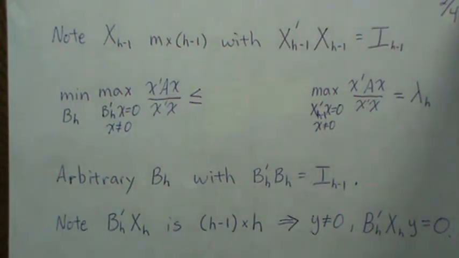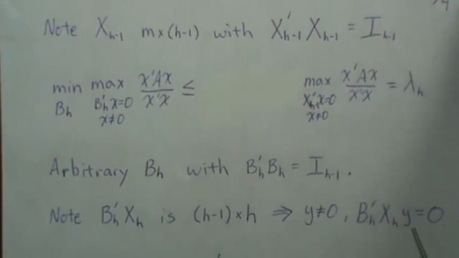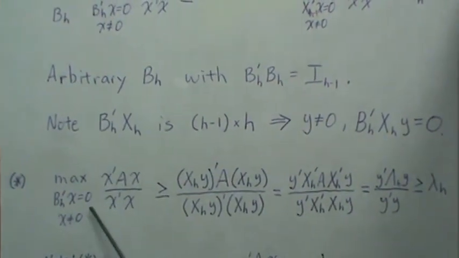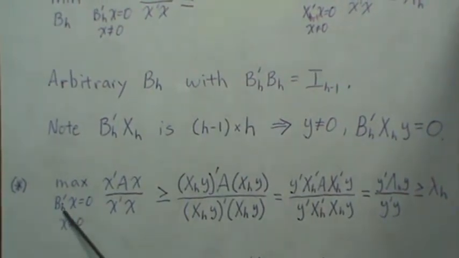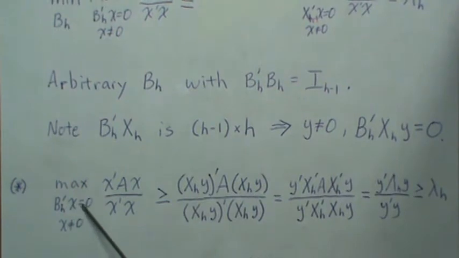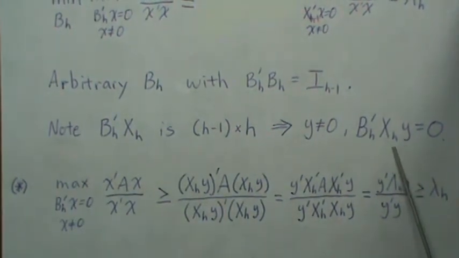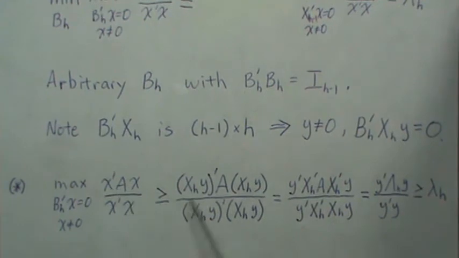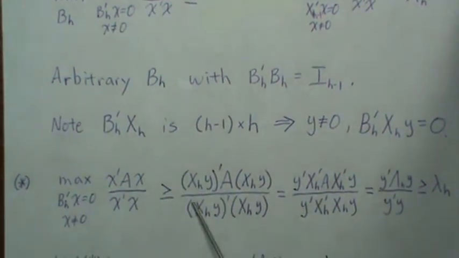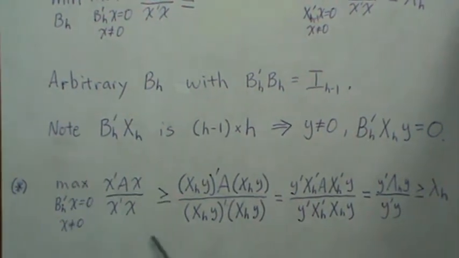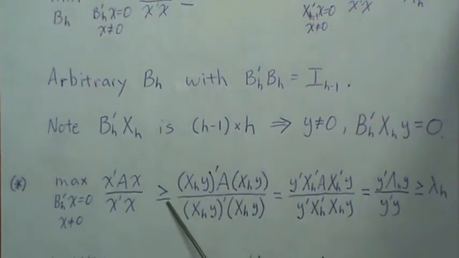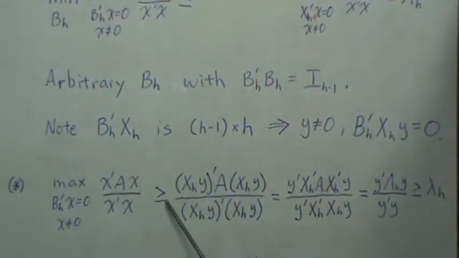So if we stick in one X there, particularly this X, instead of looking at all possible B's, we pick one, which is this, and we stick that in for X. This quantity has to be smaller than if we were to look at all possible X's and find the max. We're just doing one. Now we may have found the biggest, but probably not.